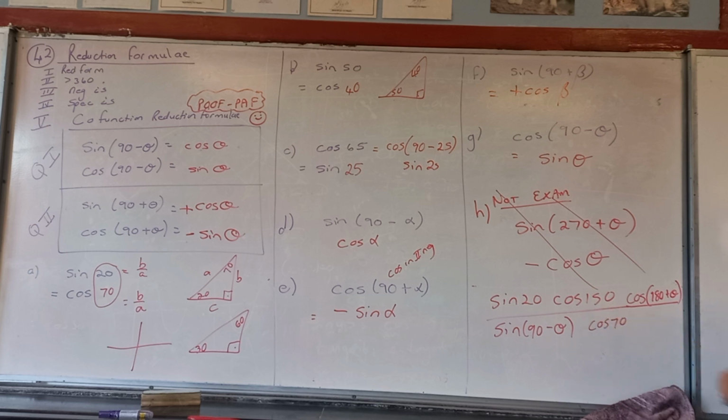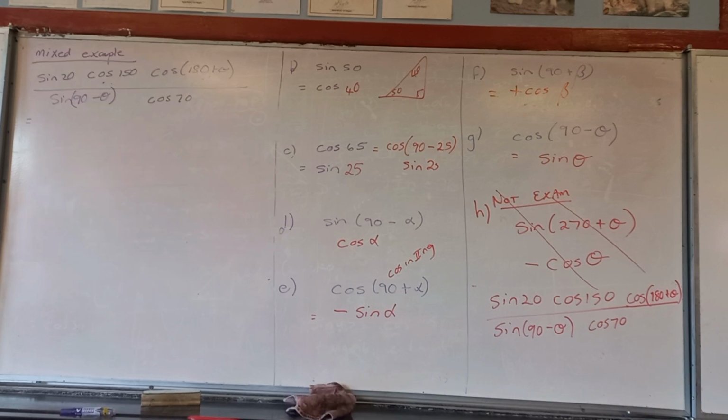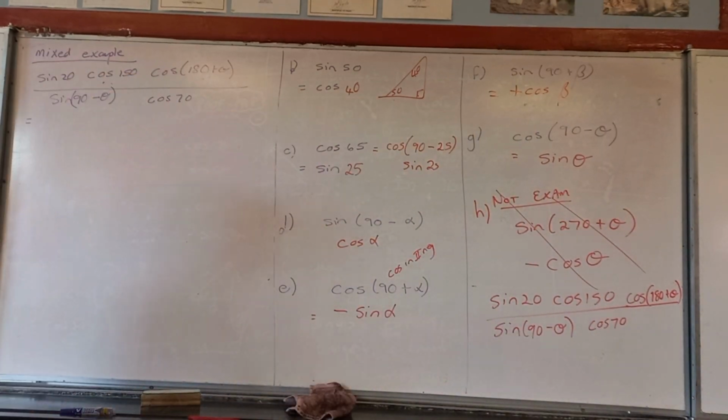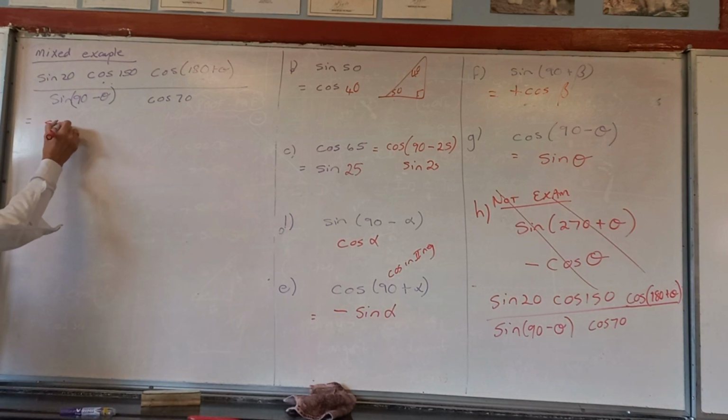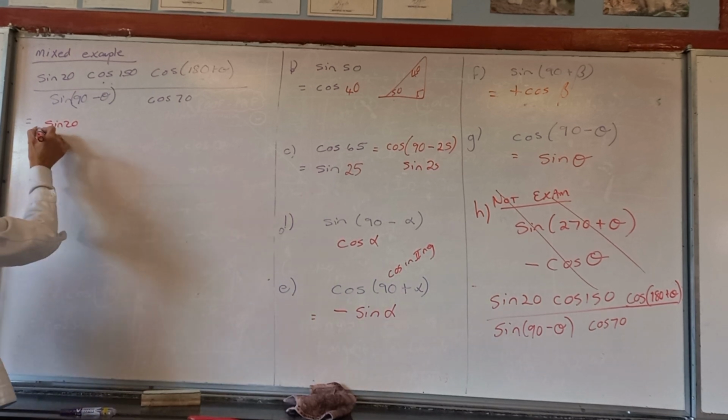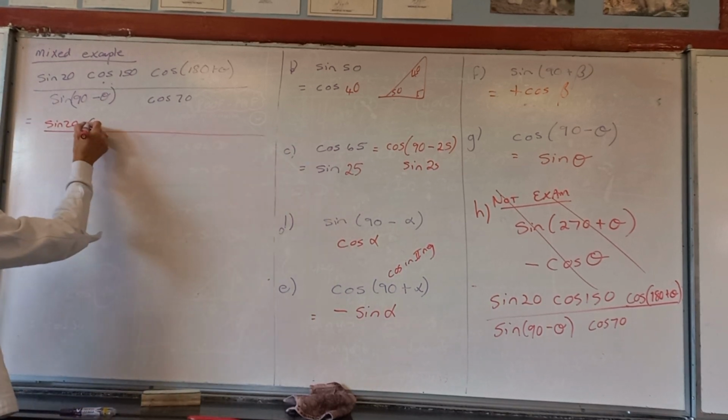Make it acute by saying 180 minus. I think I must erase it and start back up there so we can actually see what's going on. Alright. So we said sin 20, we don't really see something to do here. So let's leave it 20 because the golden rule is everything has got to be acute. With the cos 150, what are we going to do? Make it acute.